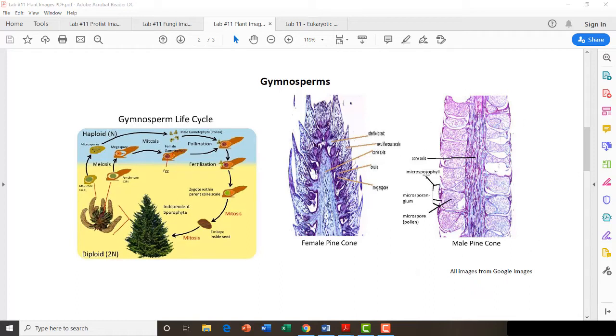And then the male pine cone has these kind of sacs at the ends of them, which contain the pollen. That's the male gamete, okay? And these are more of like the softer cones. So again, these are the gametophytes, which are a lot smaller. So cones are a lot smaller compared to the big dominant sporophyte in gymnosperms, which is the whole pine tree, okay?